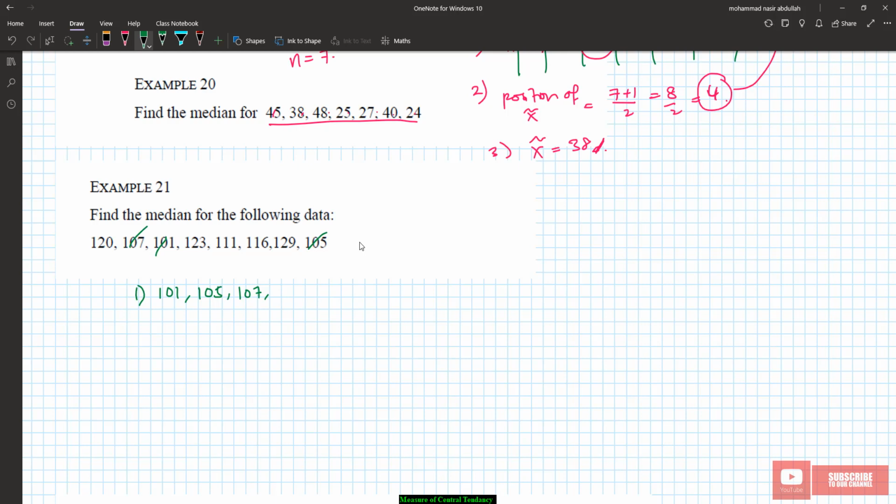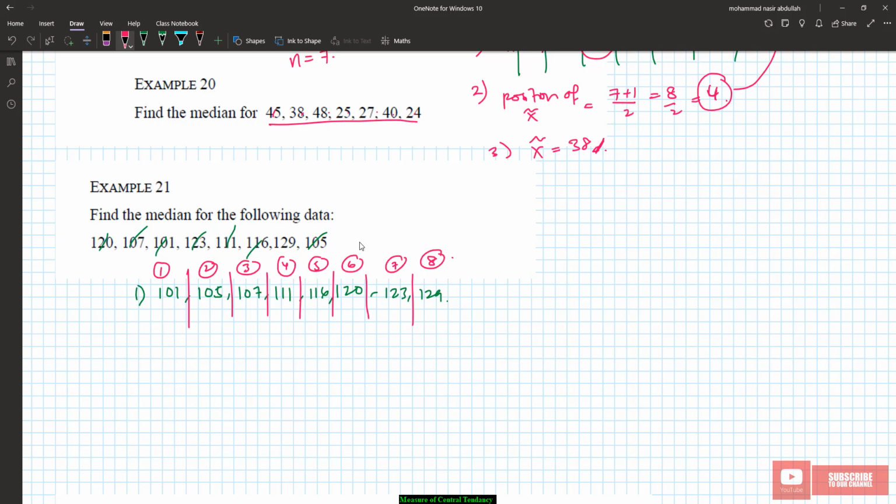Is there more? Yes, 111, 116, and then 120, 123 and 129. As I said, after that we position the values: position number 1, 2, 3, 4, 5, 6, 7, and 8.